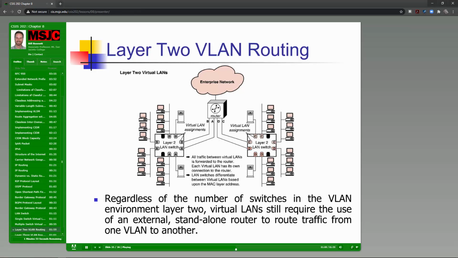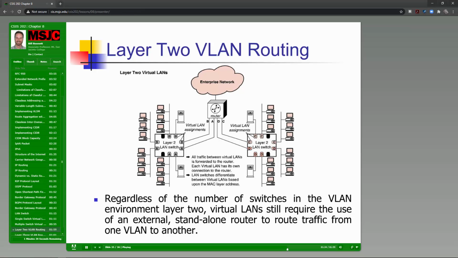Remember in the previous graphics I was telling you how A and B are isolated from each other, even though their switch ports are connected physically to the same switch. Through the VLANing process, they are segmented, they're separated from each other. So in order for B to talk to A, or A to talk to B, or in this case A to C and D, and all of these networks to talk to each other, we need to have a router.